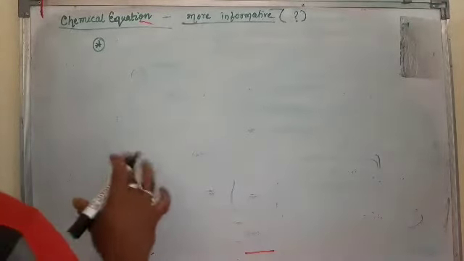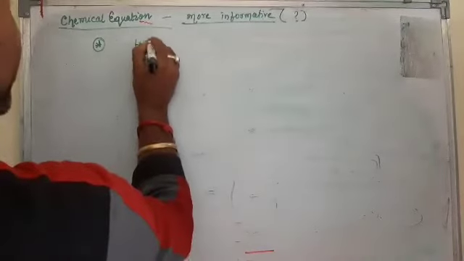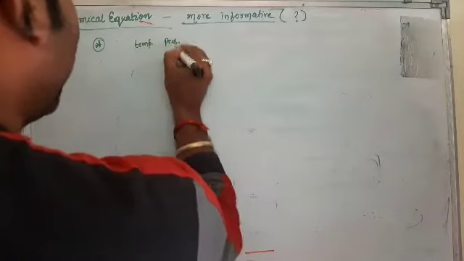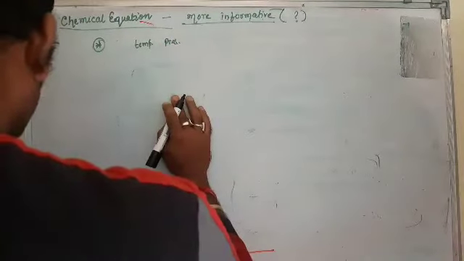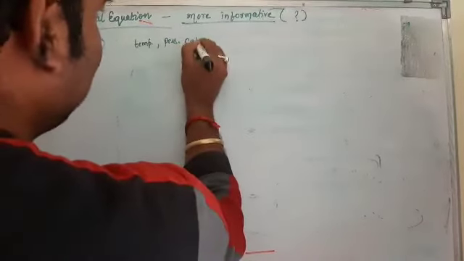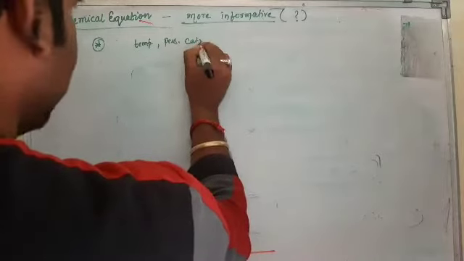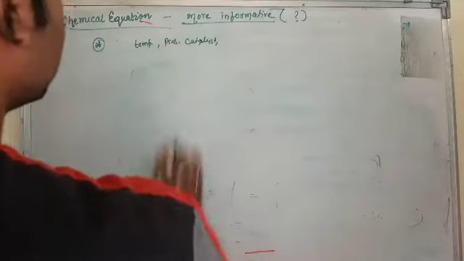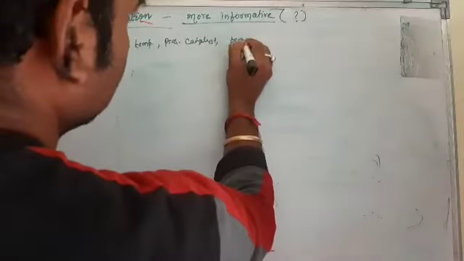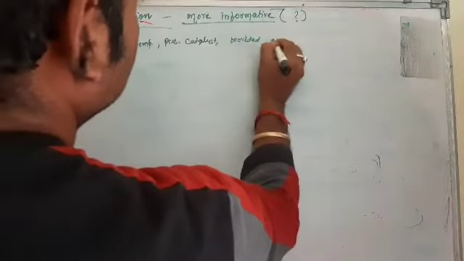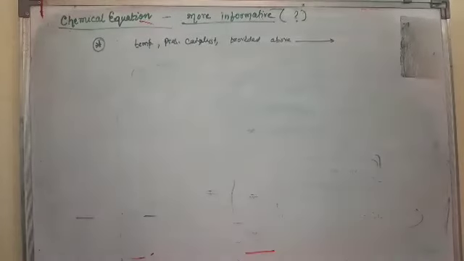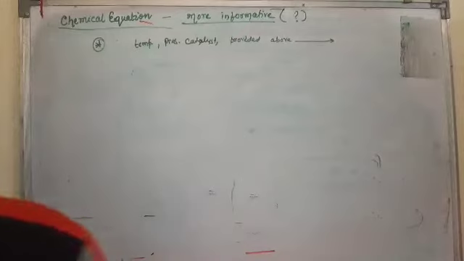You can say that if information regarding temperature, pressure, and catalyst is provided above the arrow, then it becomes more informative. Pressure here means atmospheric pressure, and I use a small letter for the catalyst.